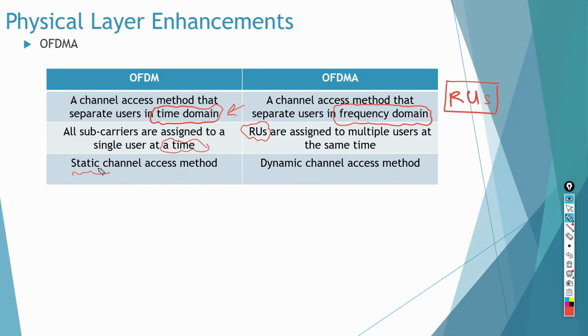Because there is no intelligence behind the decision used to assign the frequency to a user. Whereas OFDMA can be viewed as a dynamic channel access method because of the enhancements that we have discussed and the support of multi-user operation. So the synopsis here is that OFDMA equals the multi-user version of OFDM.